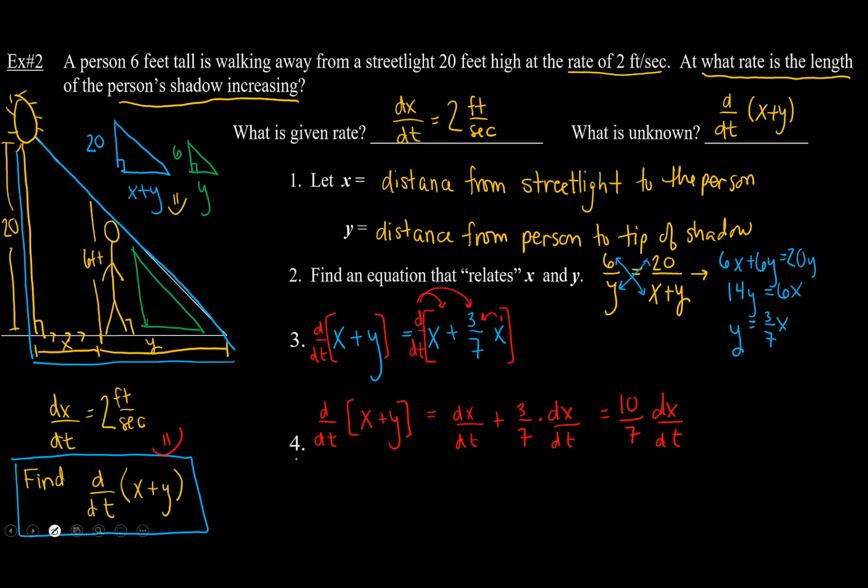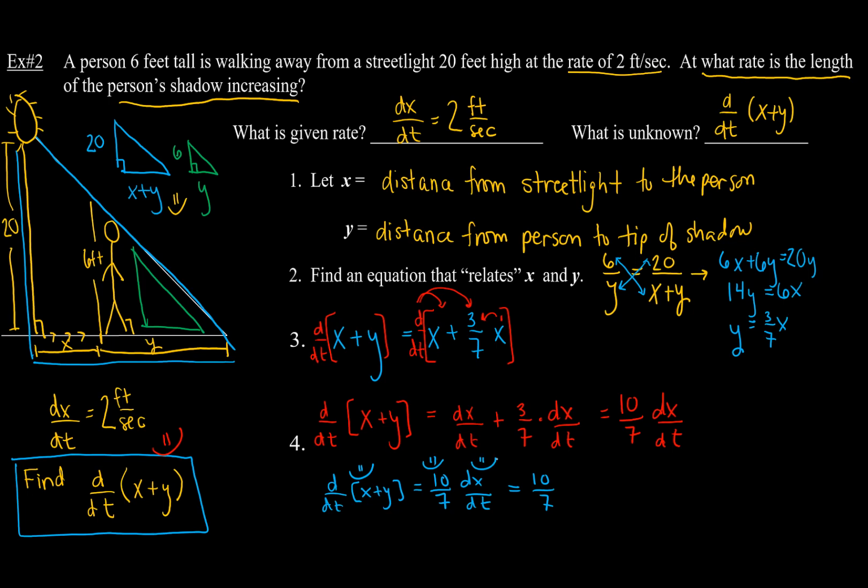So now I'm in my fourth step, my plug and chug step. Okay, and I'm just going to rewrite what I have so we can plug it in there. All right, this value here, we don't know what that is. That's what we're trying to solve for. 10/7 is just going to go along for the ride, and then dx/dt, that was given to us.